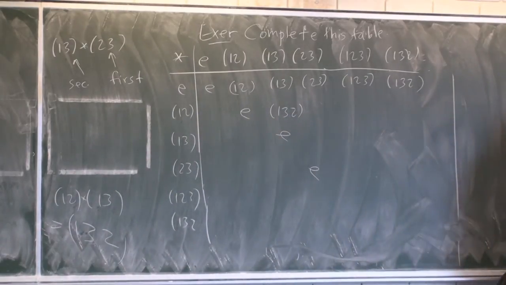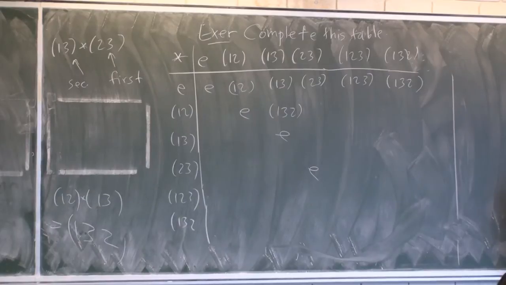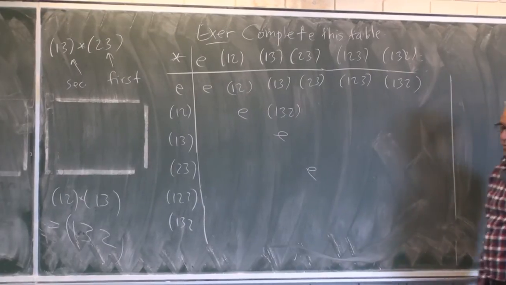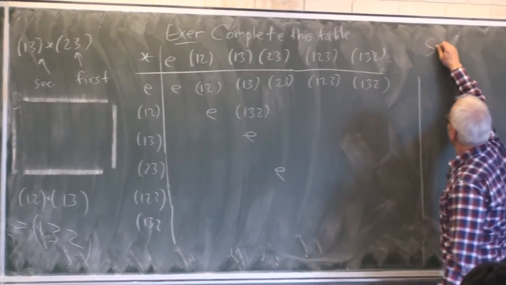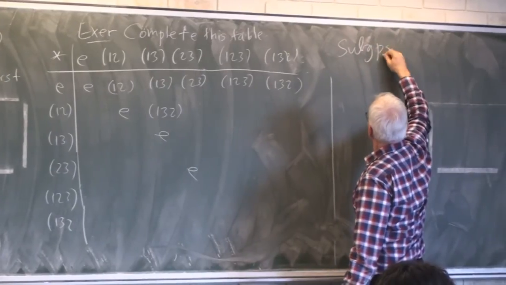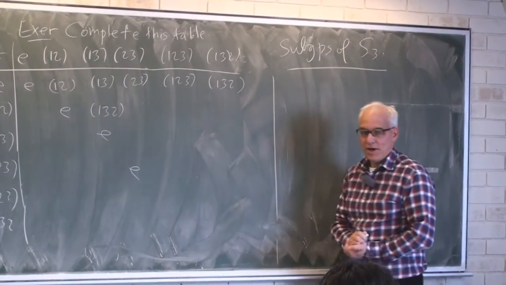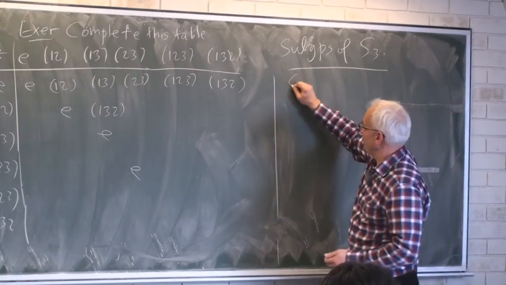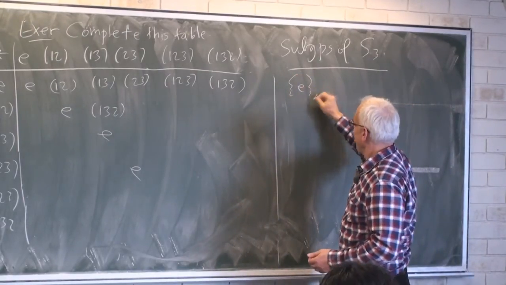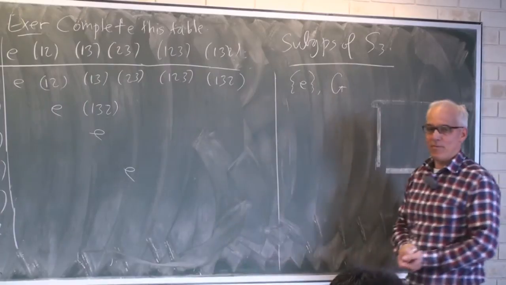And then we can ask, well, what about the subgroups? What are the subgroups of this thing? Well, of course, the identity is always a subgroup, and the group itself is always a subgroup.